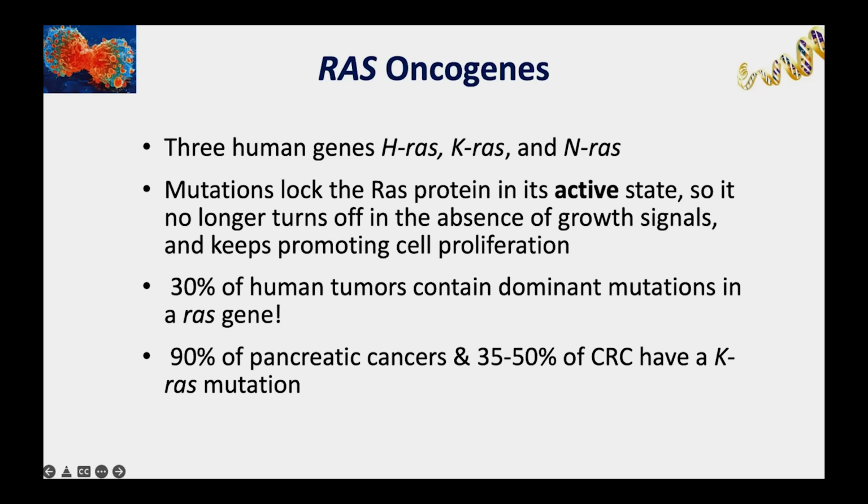RAS is found to be mutated in about 30% of all human tumors. And it's found in a very high percent of certain types of cancers, like pancreatic cancers. 90% of pancreatic cancers have a RAS mutation, and 35 to 50% of sporadic colon cancers.